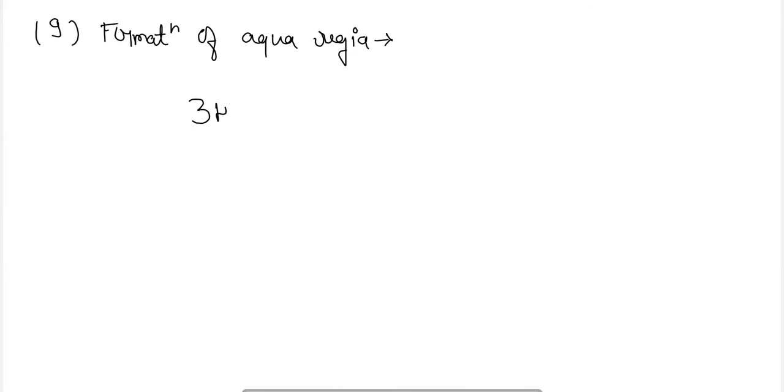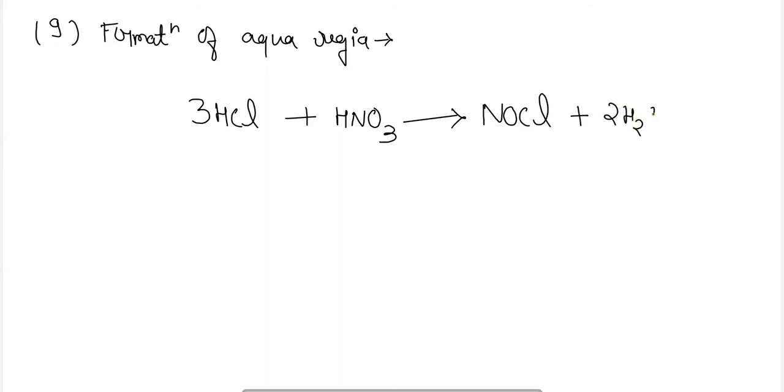Aqua regia is the mixture of 3 parts of HCl with 1 part of nitric acid to form nitrosyl chloride, water, and chlorine is released. Aqua regia can easily dissolve gold, which generally does not react with acids.